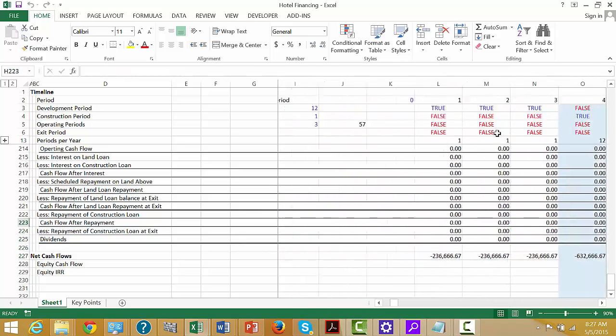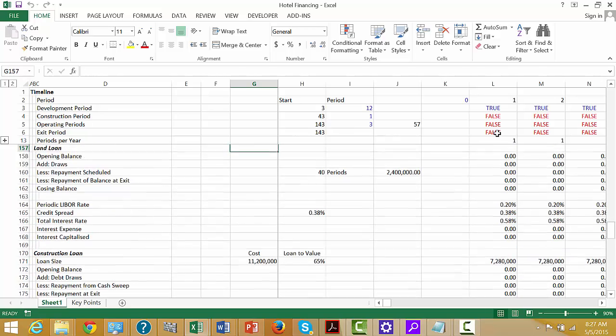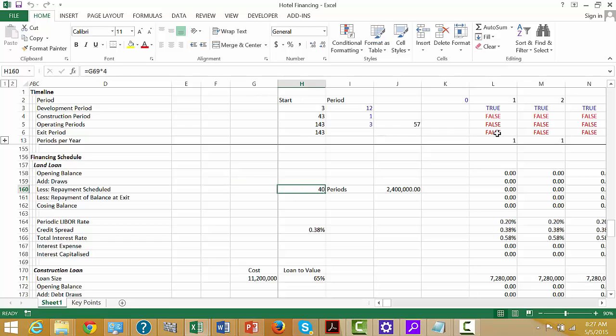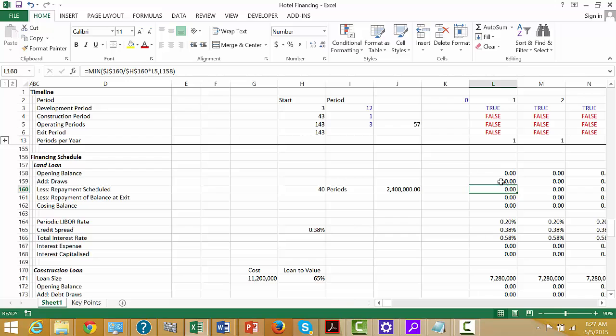And then on this land loan, when we have a scheduled repayment, we would never ever pay off more than the amount we have at the beginning, which is here. Shift control R.